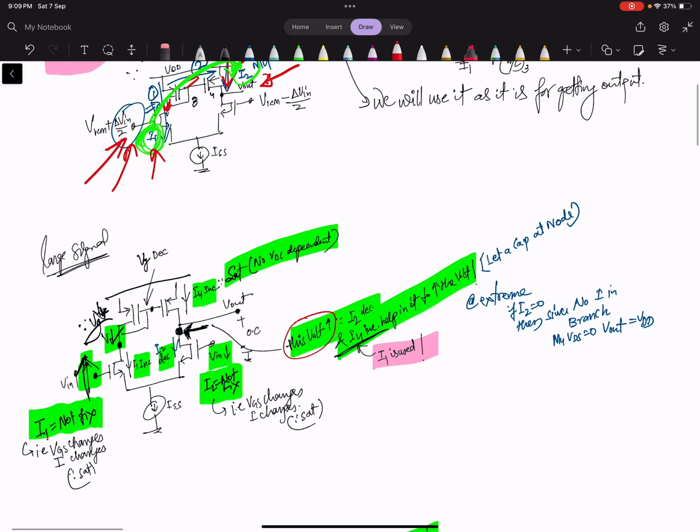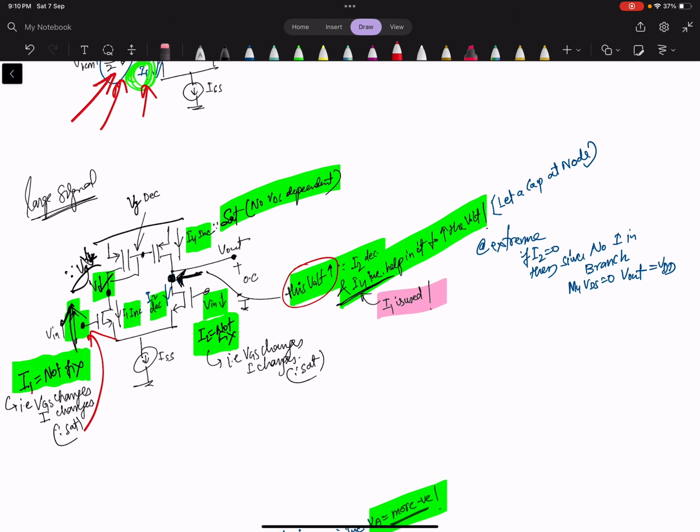We will see the large signal visualization of this circuit. So let's begin. Here if you increase the signal, and we are talking in terms of large signal, not small signal, what will happen? Current will increase here, and since current increases, this voltage will decrease. Why?